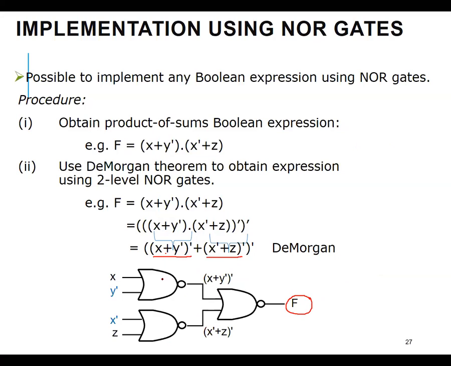So how can we represent this? Again, the input terms are x and y dash, and they are inputs to this NOR gate. Okay. If you look at this, x dash and y dash cannot be kept in this form because inputs should not be in complemented form. So you can implement a dash, x dash and y dash using NOR gates. That's the next step, which is not drawn here.